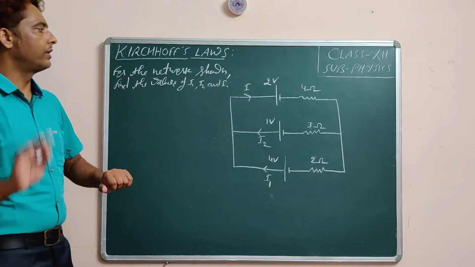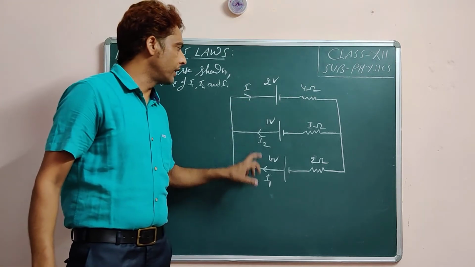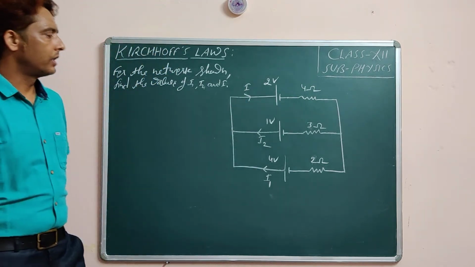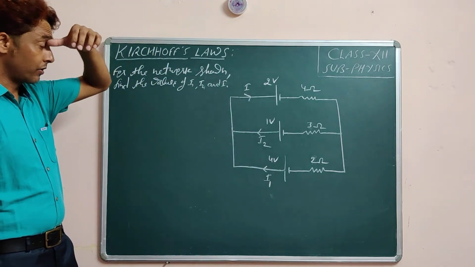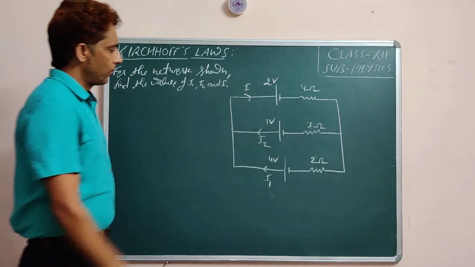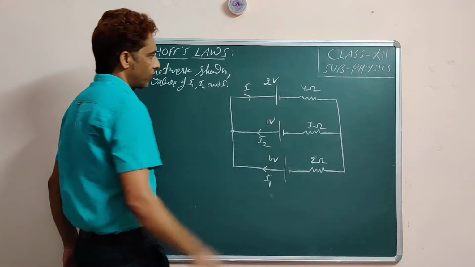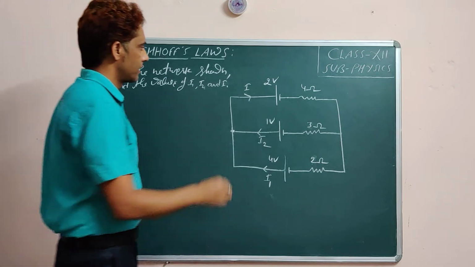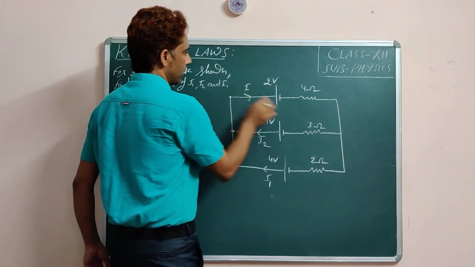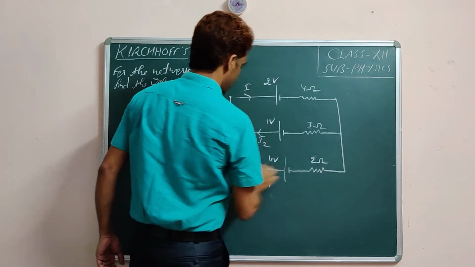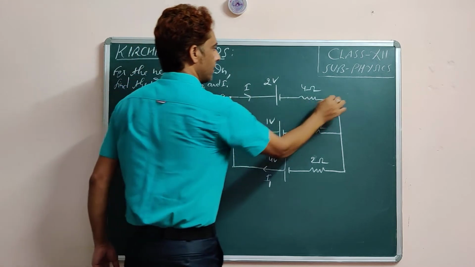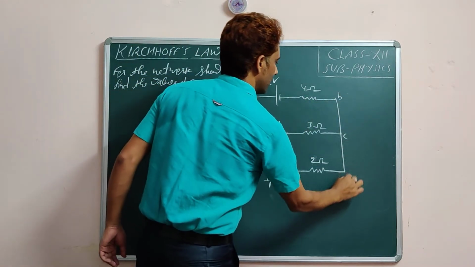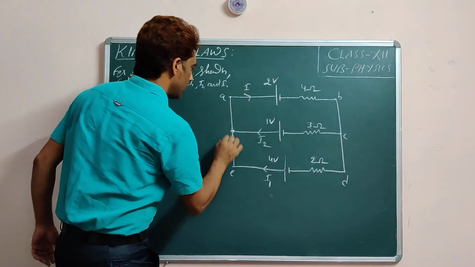So now how to find the values of I, I1 and I2. So here we will apply the Kirchhoff's first law as well as second law. Now for our convenience, let me name these junctions as A, B, C, D, E, F.